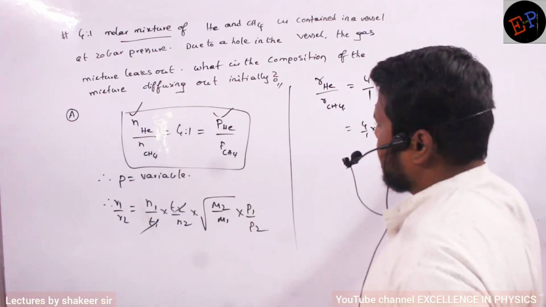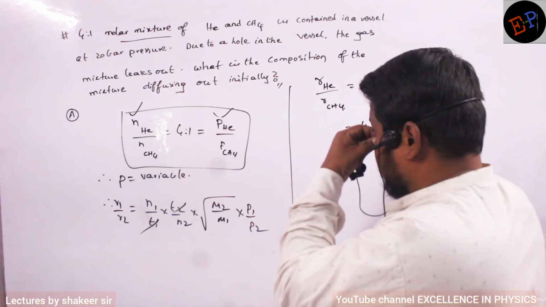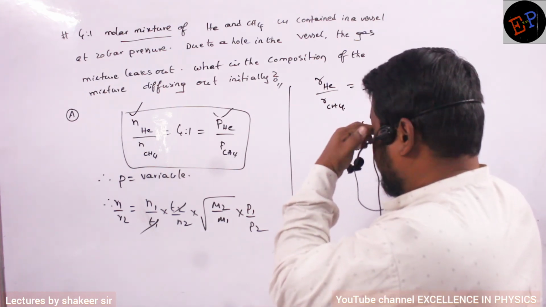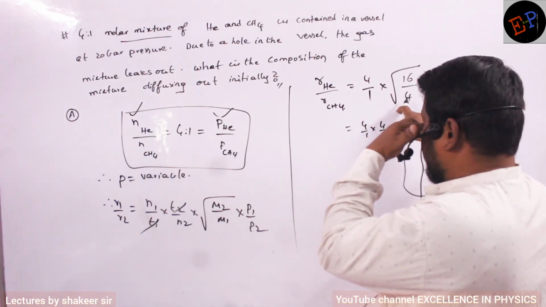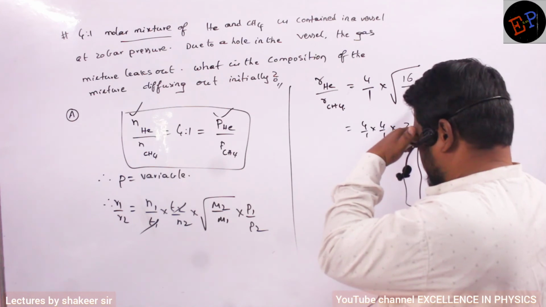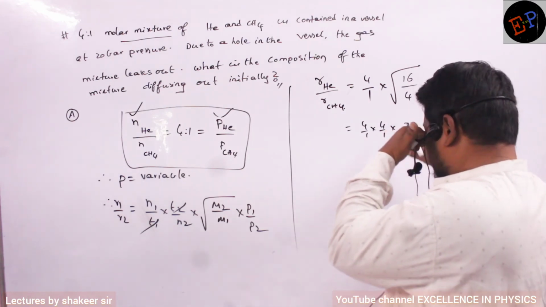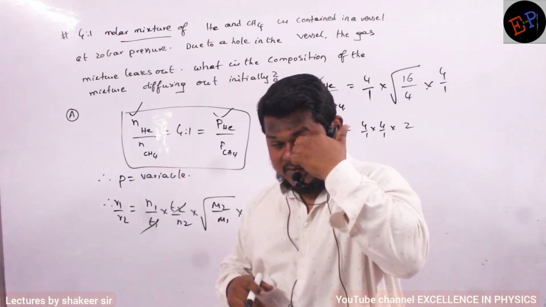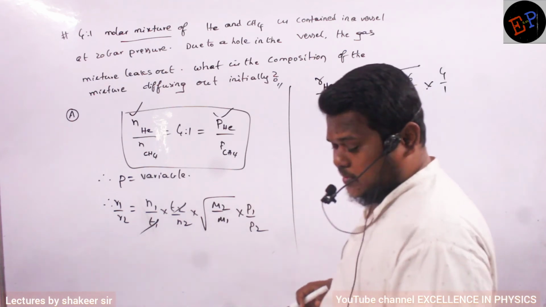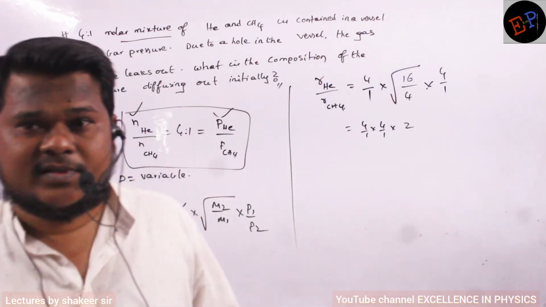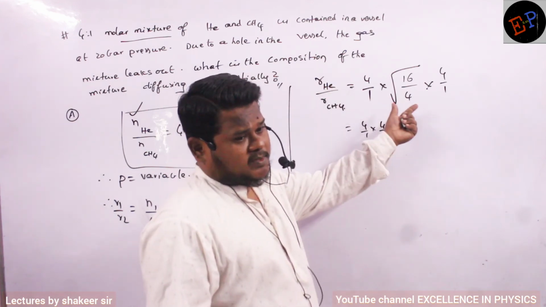But I am getting a different answer. I am writing square root of CH4 by helium. Helium is 4 only. Atomic number is 2, molecular mass is 4. Helium is a single atom, an inert gas that never reacts with another. Atomic number 2, mass number 4.